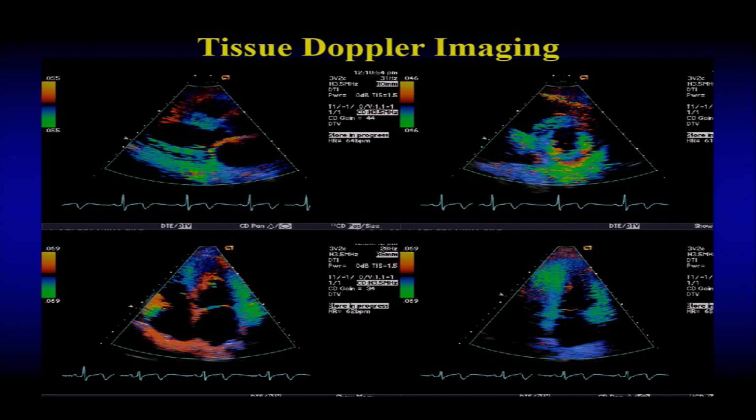In the blood, you have high velocity, which you don't have in the muscle, and you have a lower amplitude because the reflection is much less. So you could filter one way or another and say, I want blood, I want muscle. And here you see that this is tissue Doppler, so blood is not shown, and you're dealing with muscle.